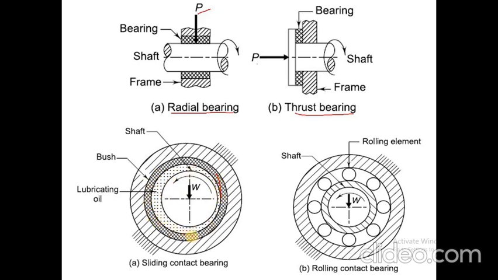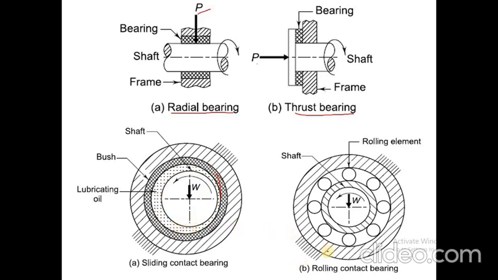So due to the sliding motion, there is more friction and wear. To reduce the friction between the shaft and the bush, lubricating oil is used. A layer of lubricating oil is used in between the two.